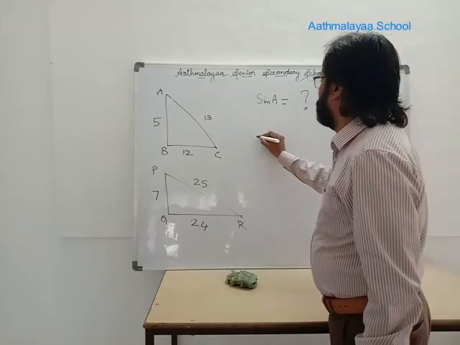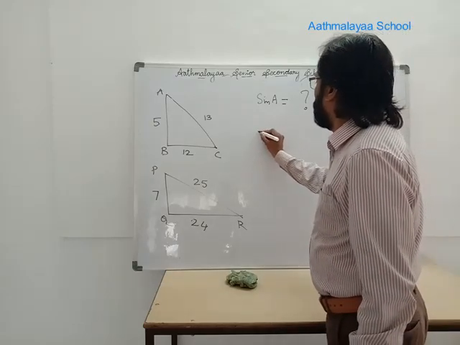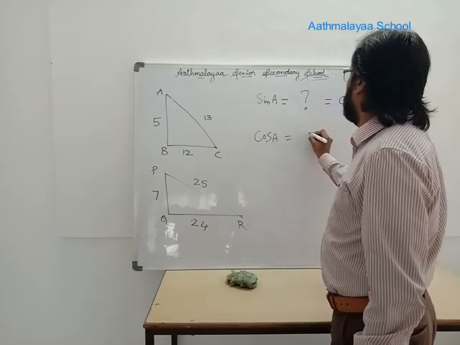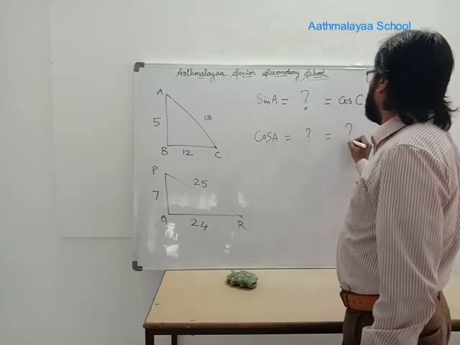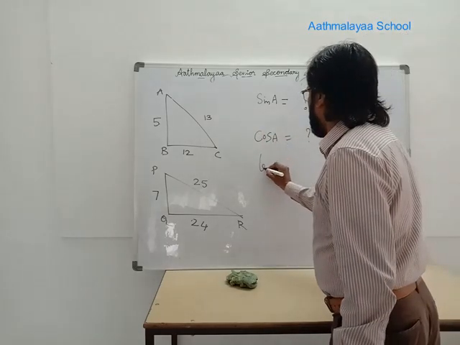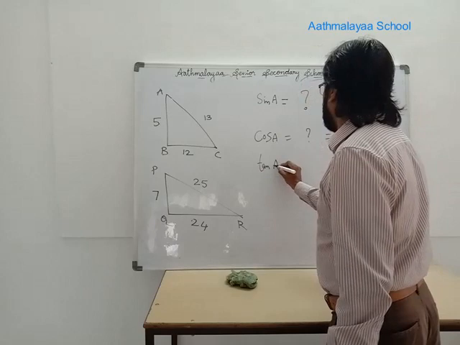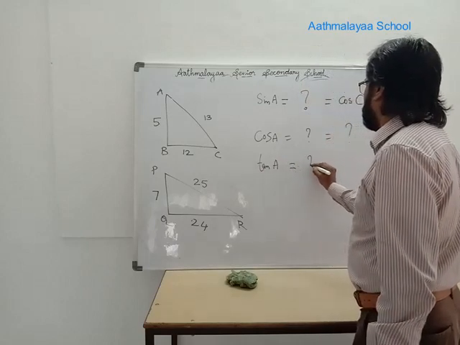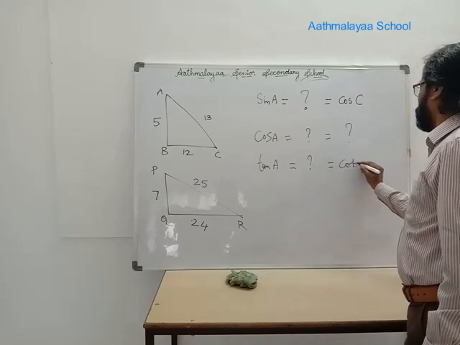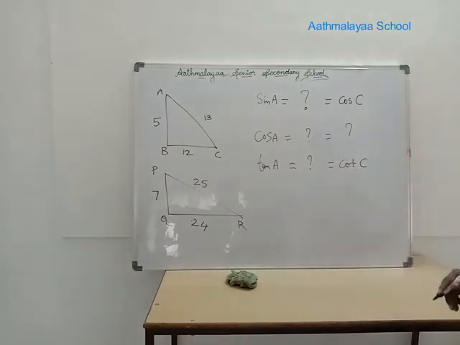Then cos A is equal to dash, equal to dash. You have to fill up these 2. Then tan A is equal to dash, equal to cot C. So this you have to fill up, take a photograph, and that's it.